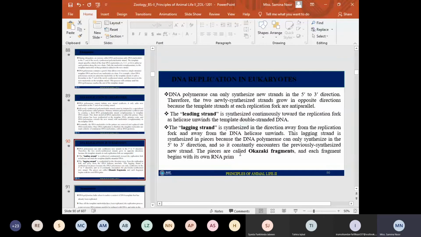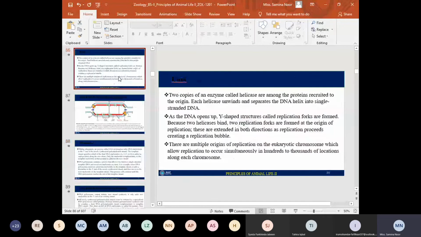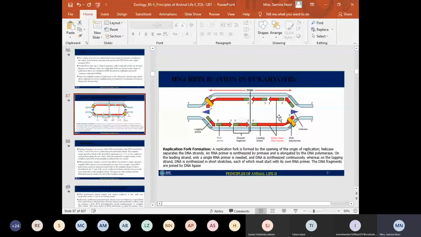As you can see in the previous slide, in the figure, the new strand is synthesized from 5' to 3', and at the other side again the second strand is always synthesized from 5' to 3' direction.